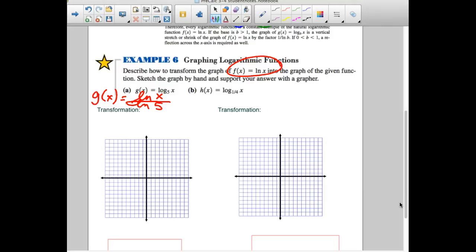Okay, and then can we pull that natural log of 5 out front as 1 over? So it becomes 1 over the natural log of 5 times the natural log of x. Then grab your calculators. Let's figure out what is 1 divided by the natural log of 5. You will get a decimal.